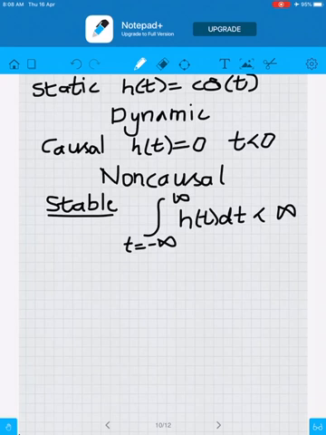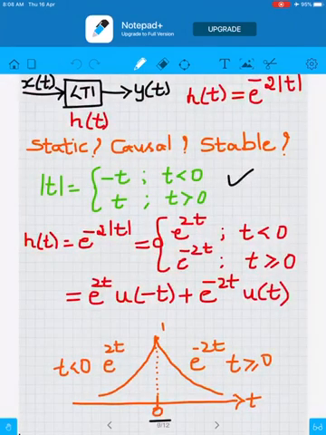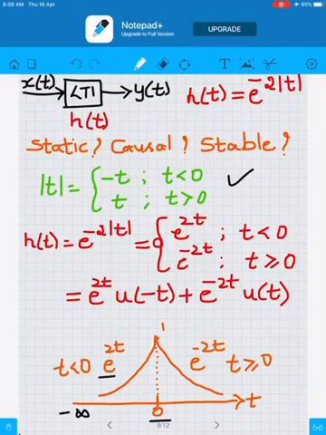Now substituting for the given problem, we can split the integral. For t ranging from minus infinity to 0, it behaves as e power 2t, and for t ranging from 0 to infinity, it behaves as e power minus 2t.